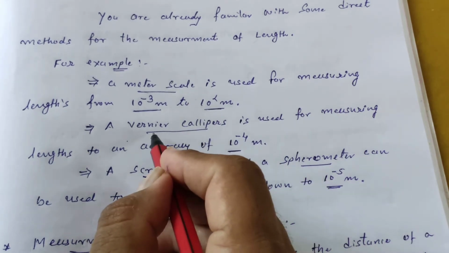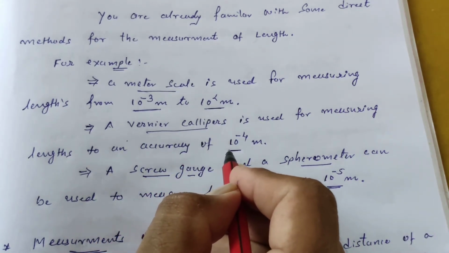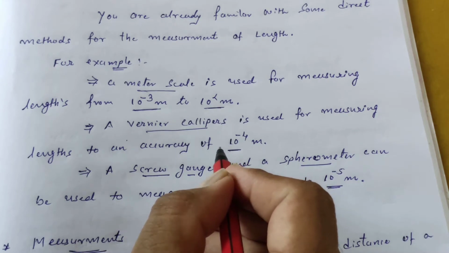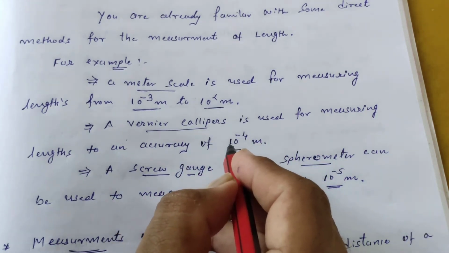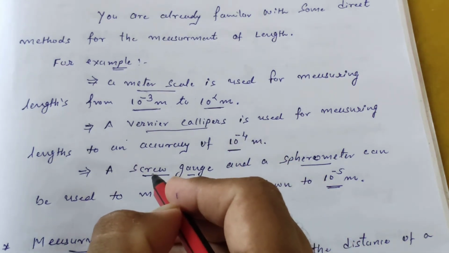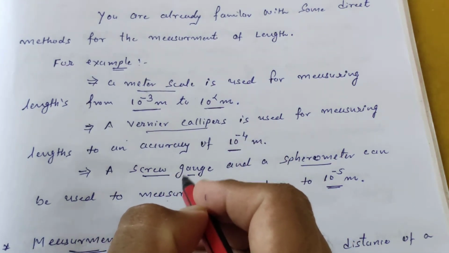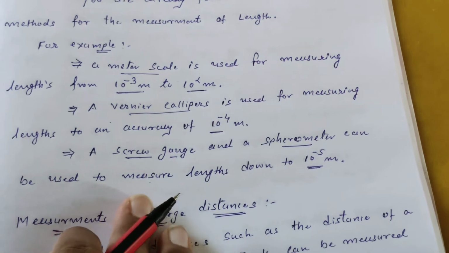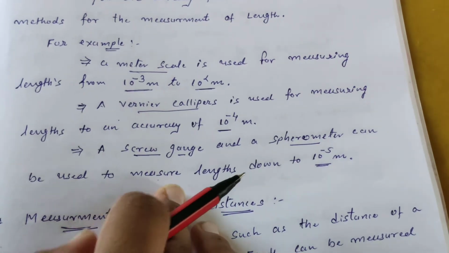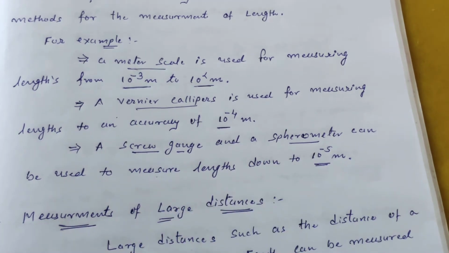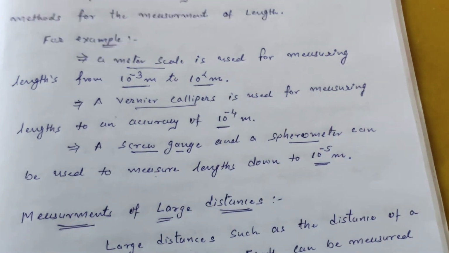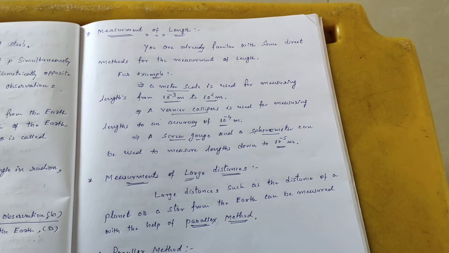It means by using vernier calipers you can measure length up to 10 raised to minus 4 meter, which is quite small. If you want to go below this length, in that case we have another device which is known as screw gauge. Screw gauge and spherometer are nice instruments to measure length up to 10 raised to minus 5 meter. Okay, so this is how we find length.